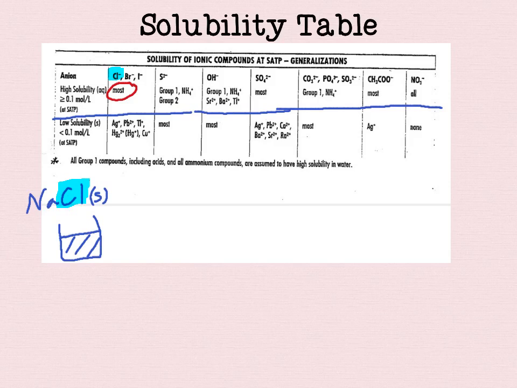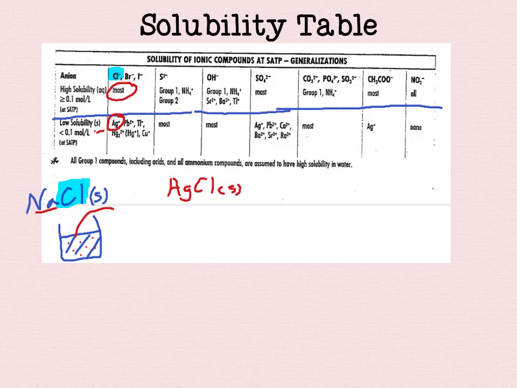Put an ionic compound containing chloride, in this case say sodium, into water, it breaks apart and you cannot see the particles, they dissolve. If you had chosen to put into a solution, for example, silver chloride, that would be a different outcome, because silver chloride, as you can see in the table, is one of the 5 ions listed here that when combined with the chloride has low solubility.